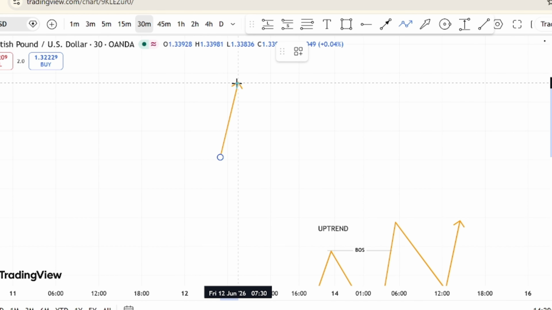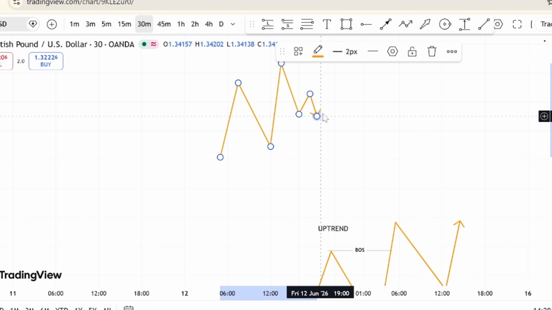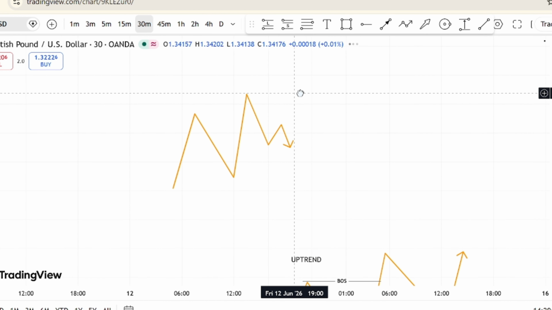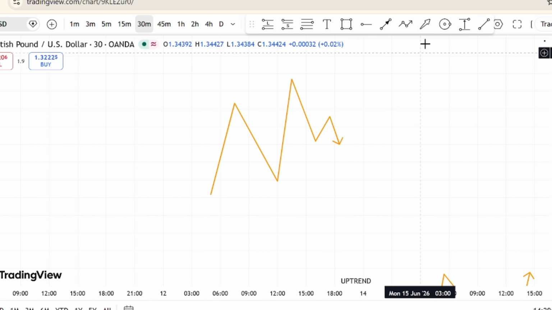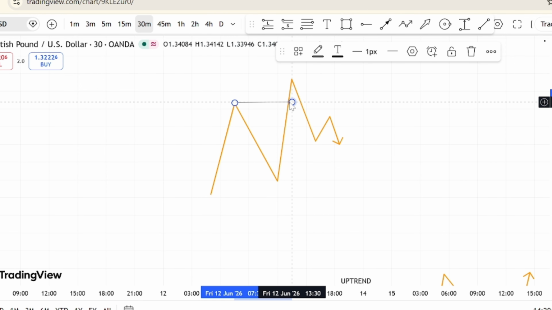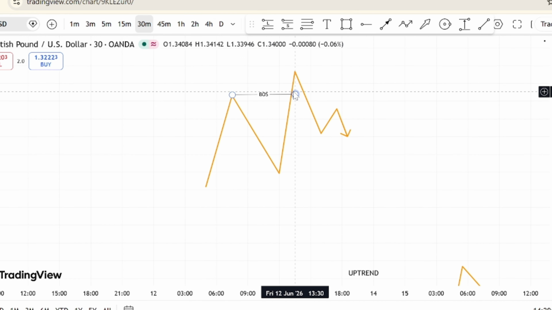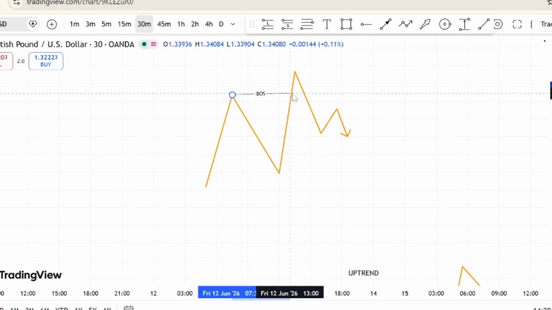If price is moving like this and it breaks a structure here, remember we look for market structure, a break of structure, and now we are on the origin.